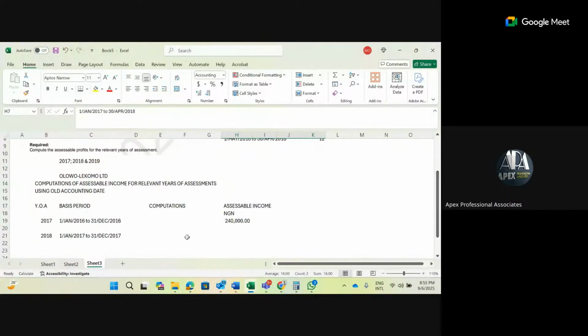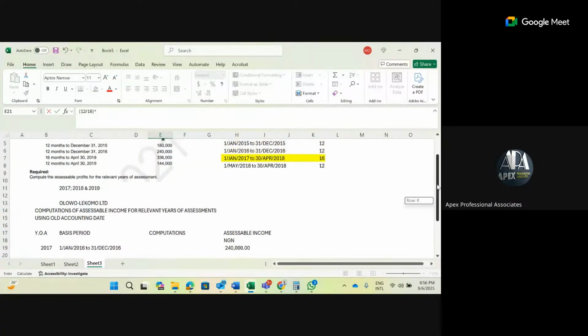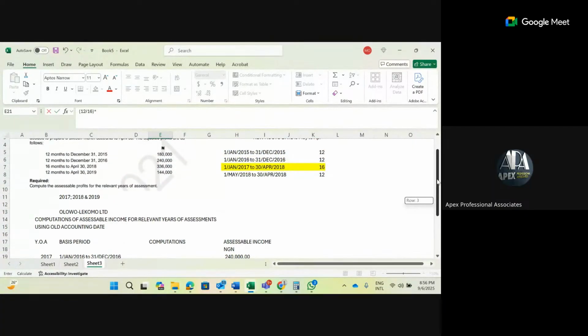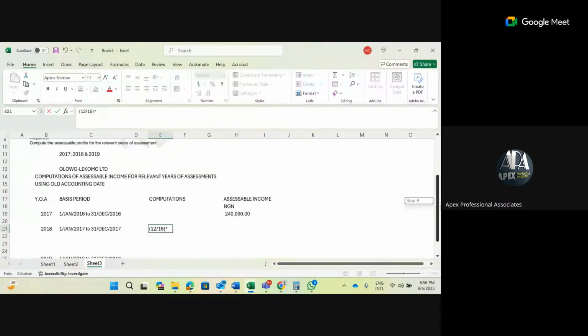So that means you are getting the profit just as we prorated for the one we did in that commencement. You are going to be looking for a profit of 12 divided by 16 times what is the accessible profit? 240,000 naira.